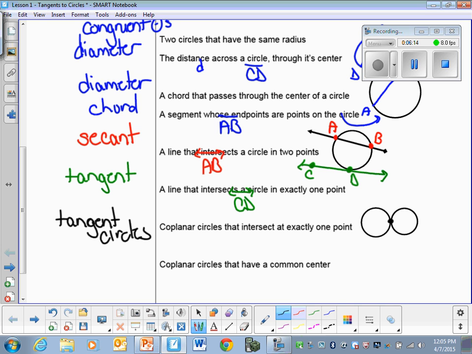Point D up here, just going back, sorry, I got a little distracted, but point D is the point of tangency.